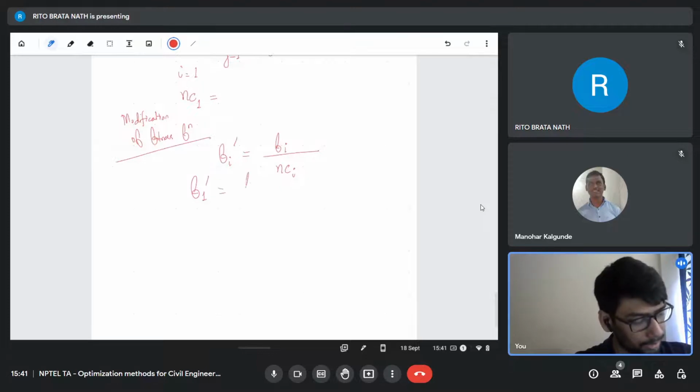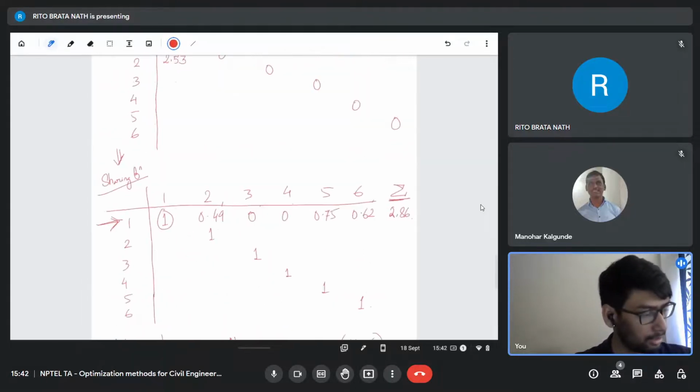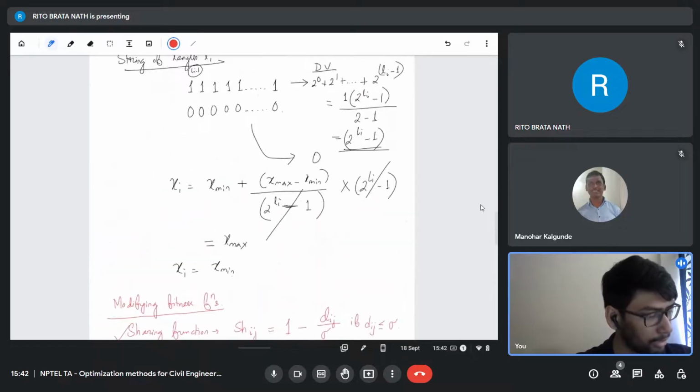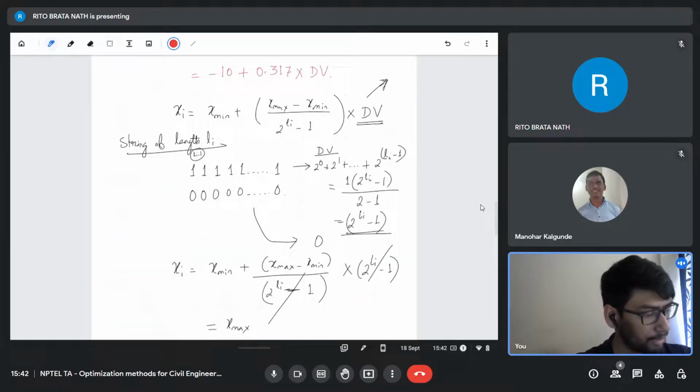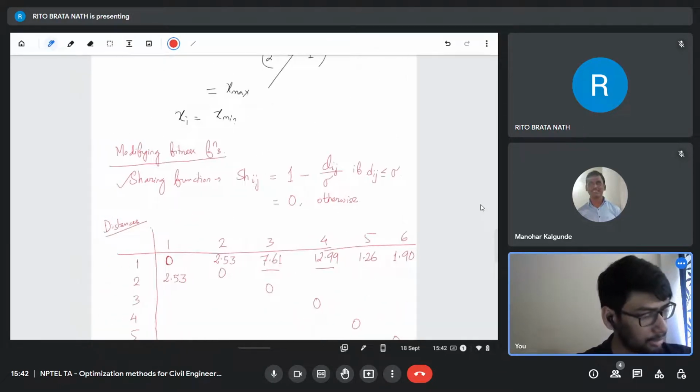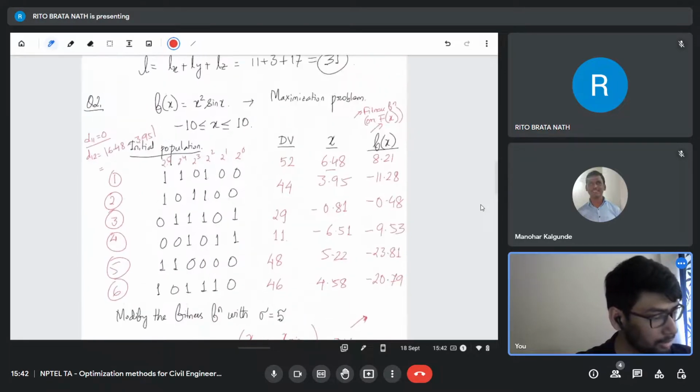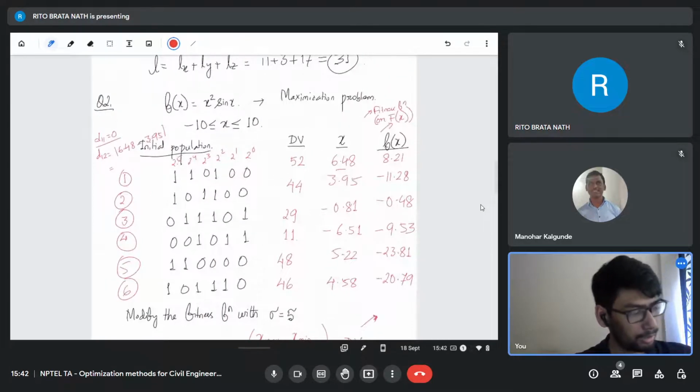Anyway, I can use the same thing here because the function and the fitness function were the same. So this is small f1, and I have already calculated my small f1 value somewhere before this. Yeah, that was 8.21.